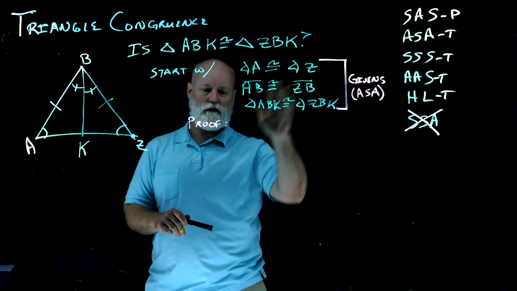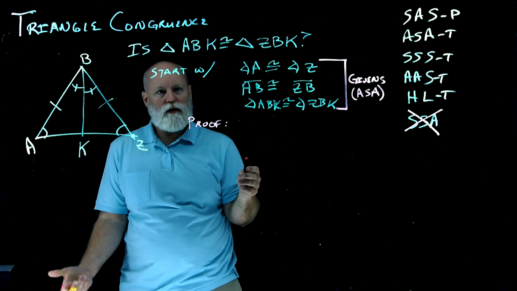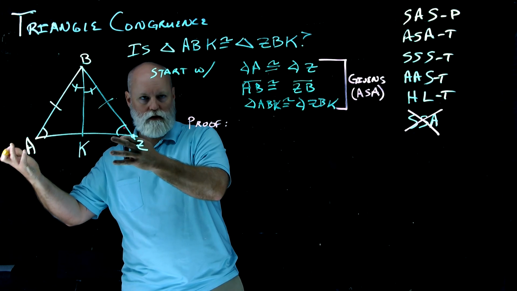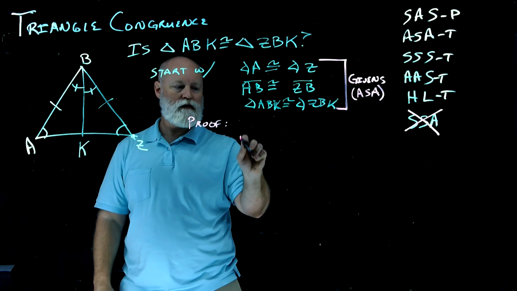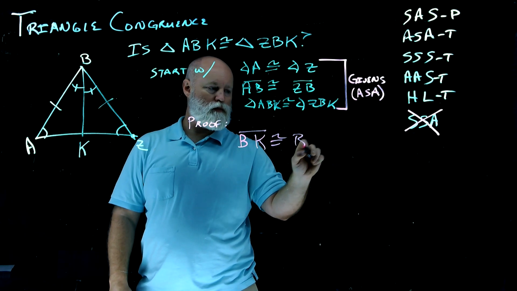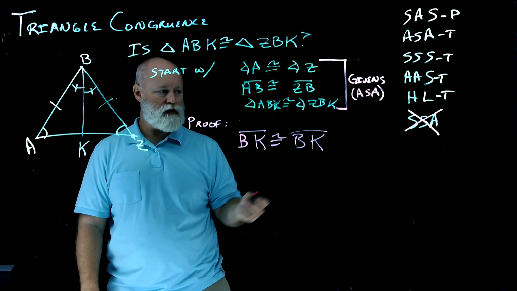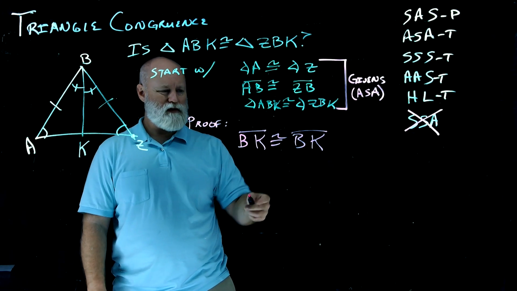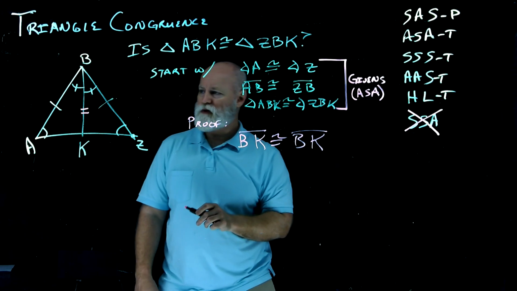So I have my givens. Now what? Now I'm going to start listing the things that I know to be true as a result of the drawing or the other givens I have. In this case, I know that BK is congruent to BK. That's actually the reflexive property. Now look at what we've got there: a side congruent to itself.